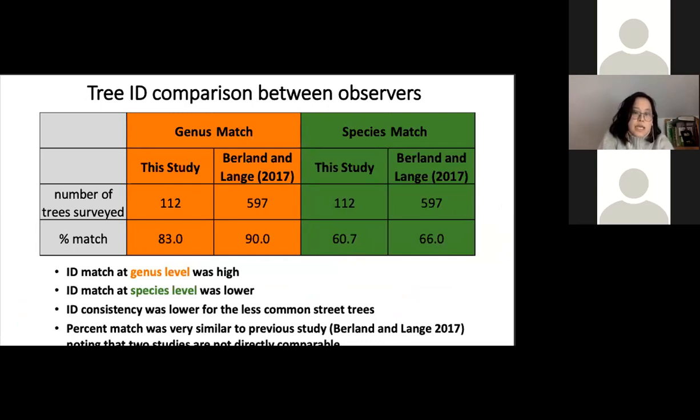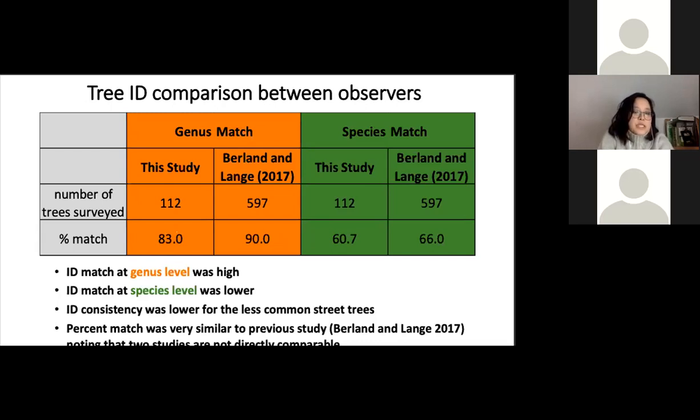As can be seen in this table, the tree ID match at genus level was significantly higher than at the species level, which is 83% and then 60.7%. I also included the data from the only study of tree ID consistency, Berland and Lang 2017, which got similar results. But it's important to point out the Berland and Lang study compared GSV and field study, but it does give an indication that our results are reasonable.